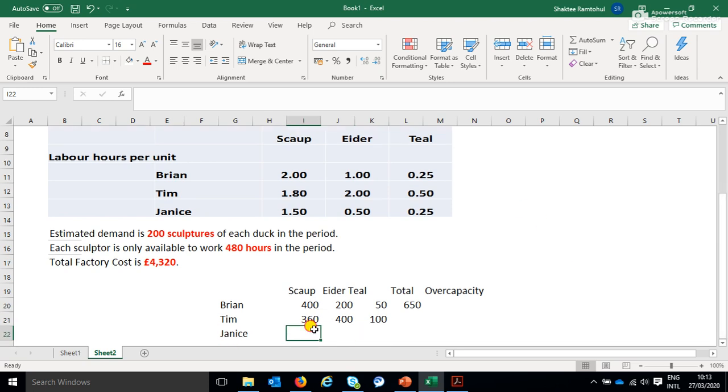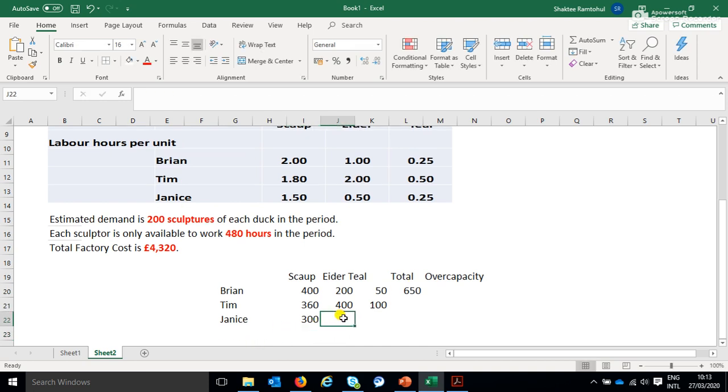Let's complete the table. So Janice: 200 multiplied by 1.5, 200 multiplied by 0.5, and finally 200 multiplied by 0.25.